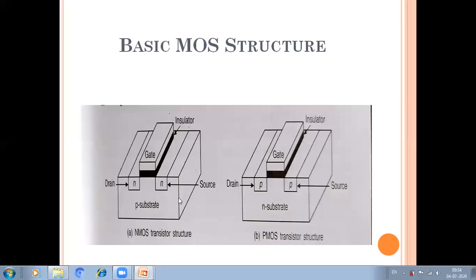In an NMOS transistor, the majority carriers are electrons, and in the PMOS transistor, the majority carriers are holes. A positive voltage applied on the gate with respect to the substrate enhances the number of electrons in the channel and hence increases the conductivity of the channel.